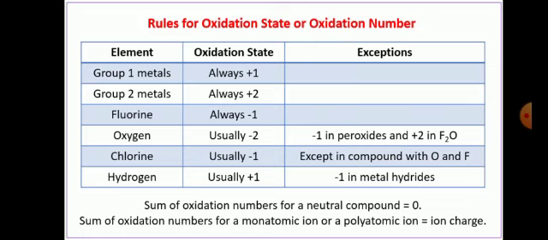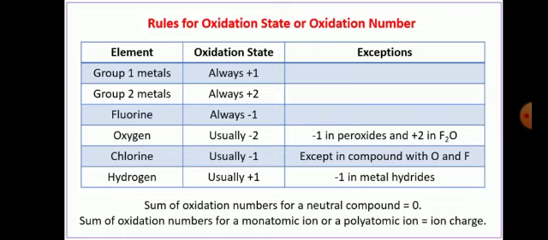And in fluorine, oxygen, chlorine and hydrogen. Fluorine is basically your halogen, right? And chlorine also is your halogen. So in fluorine and in chlorine, the oxidation state should always be -1. And in oxygen, it should be -2, and sometimes it can be -1 in peroxides and +2 in F2O.